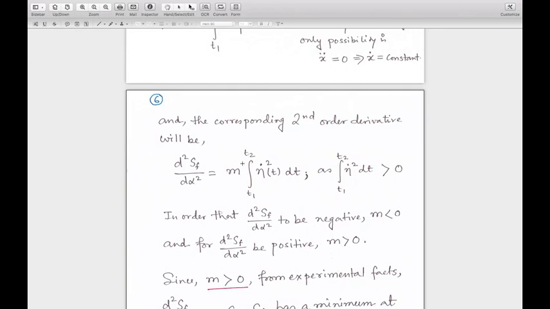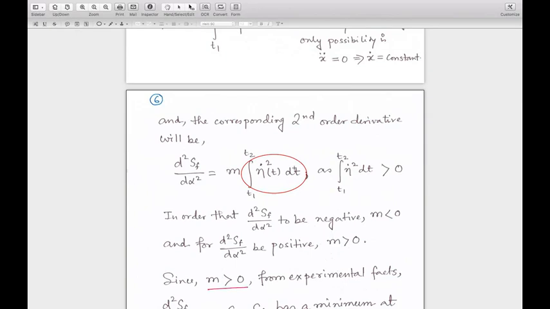Just now forget about m. What about this part? This is positive because eta dot squared is positive and the integration limits t1 and t2 are both positive.